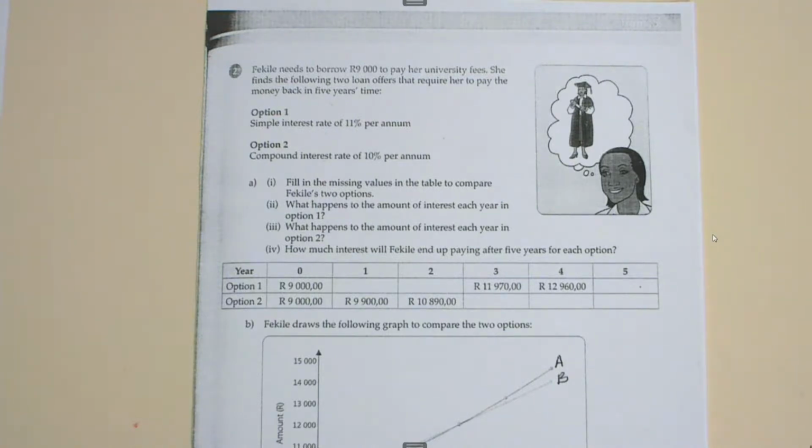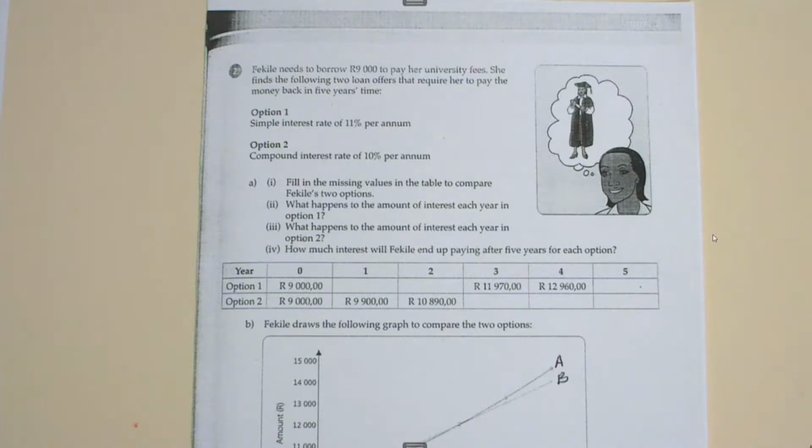Because our graph has to be drawn from 0 up to 5 years, both points of our graph will start at 0, because during the year when Fikile borrows, the money has not yet grown. So we classify it as year 0. So the money remains the same.